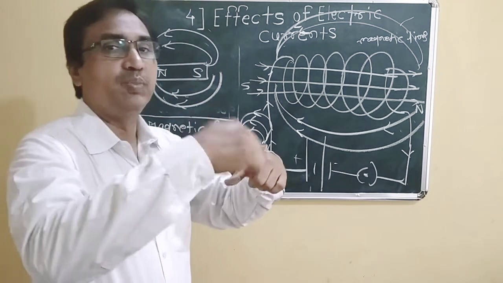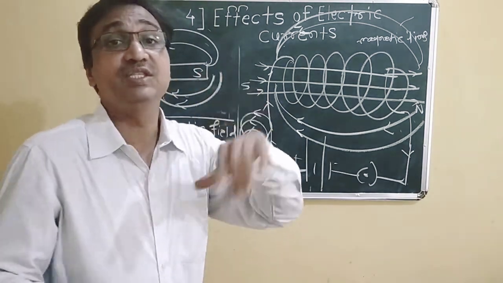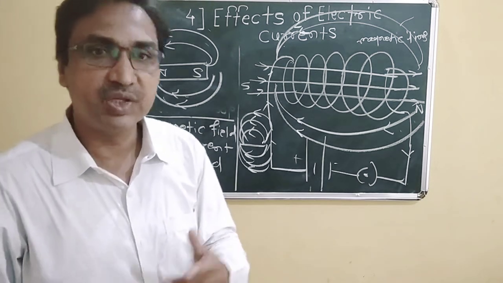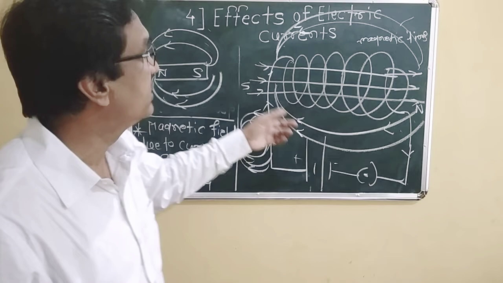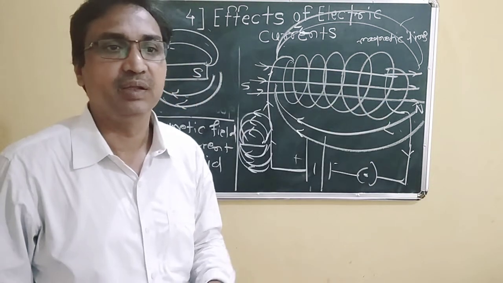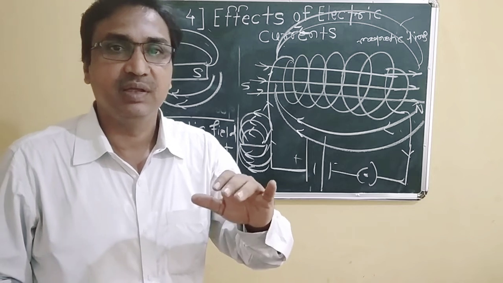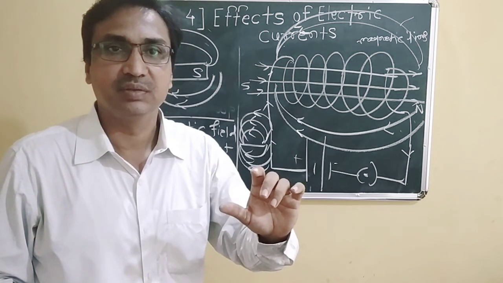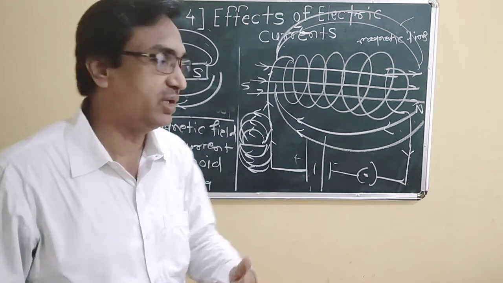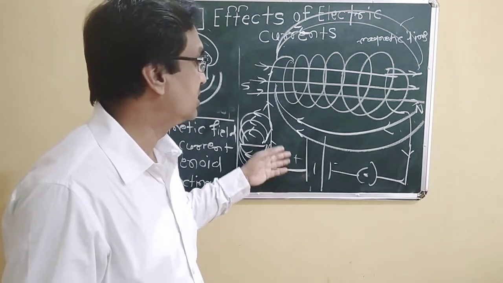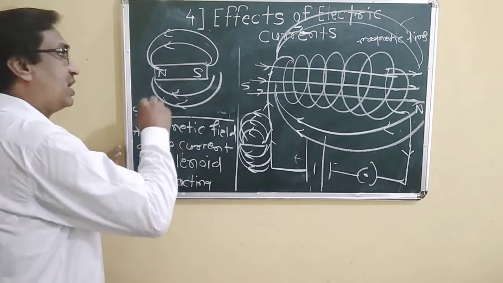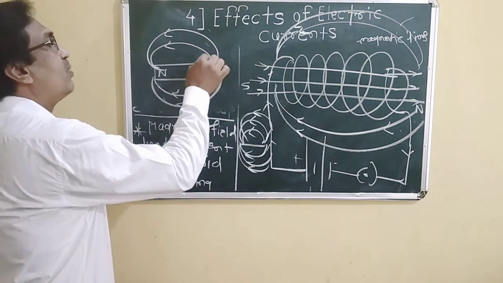That means a number of loops. The construction of a number of loops is called a solenoid, and when current is passing through the solenoid, we can easily find that a magnetic field is produced there, due to the current flowing in this conductor, in a similar fashion to the bar magnet.